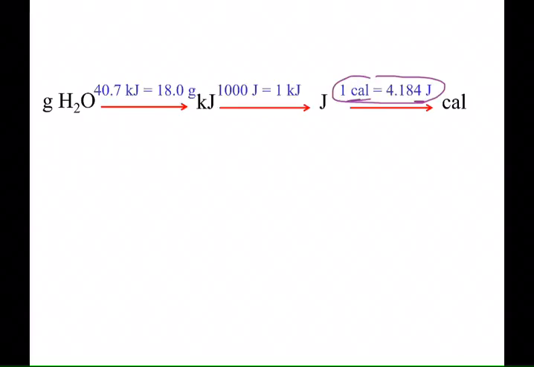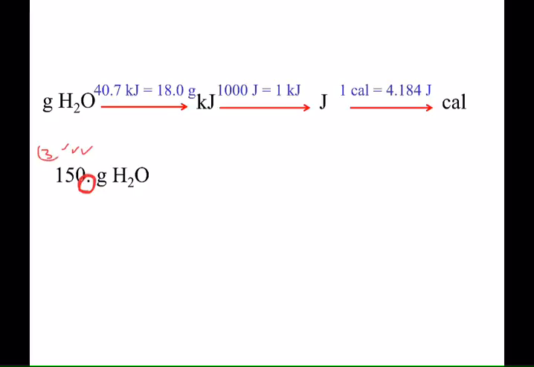All right, so here we go. The first term is the mass of liquid water that we want to vaporize, so that would be 150 grams of liquid water. Don't forget to read your story problems carefully. There was a decimal there, and that makes a difference, because that makes this 3 sig figs.